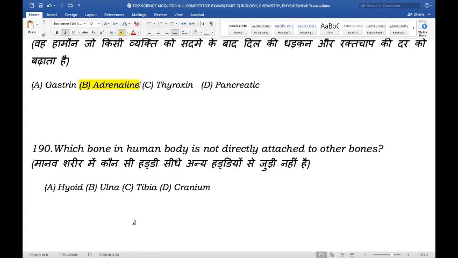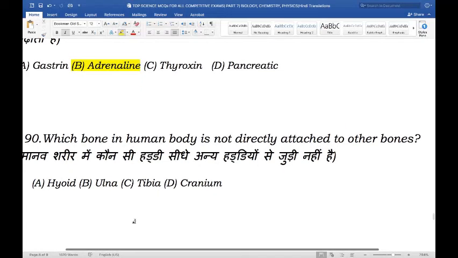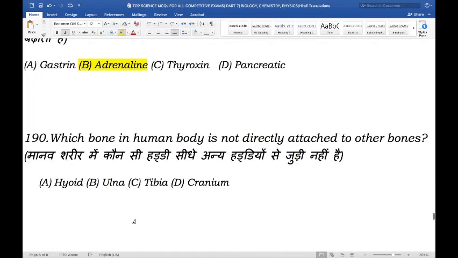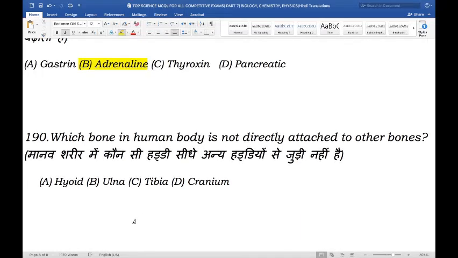The last question, which bone in the human body is not directly attached to other bones? Is it A, hyoid, B, ulna, C, tibia, or D, cranium? So which of these bones in the human body is not directly attached to other bones?